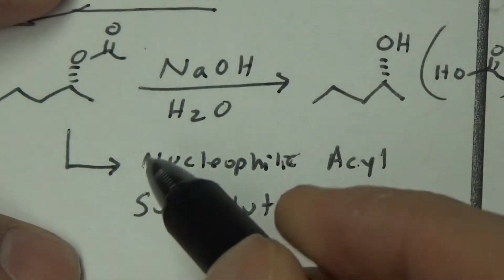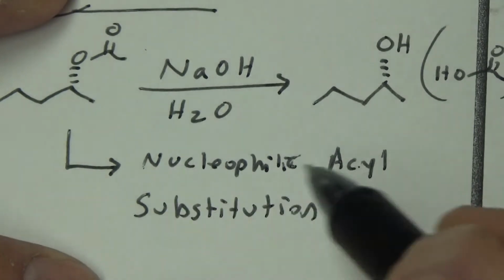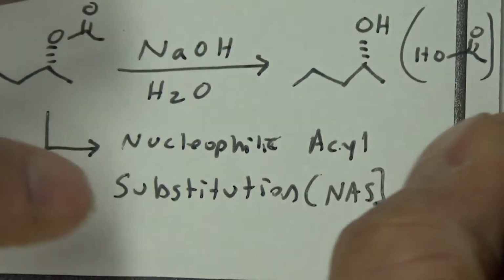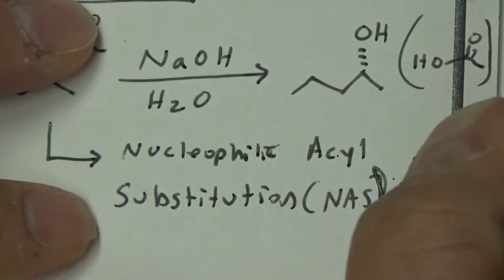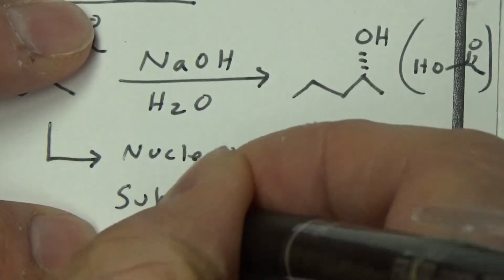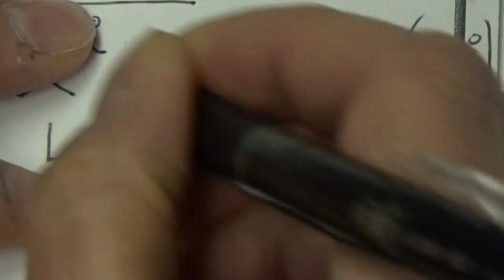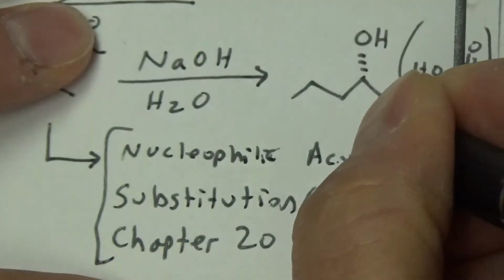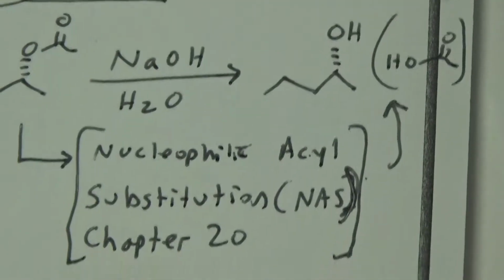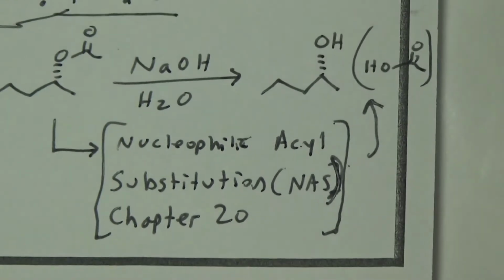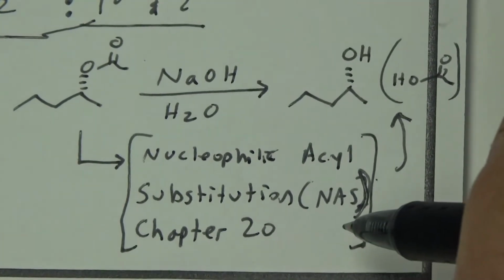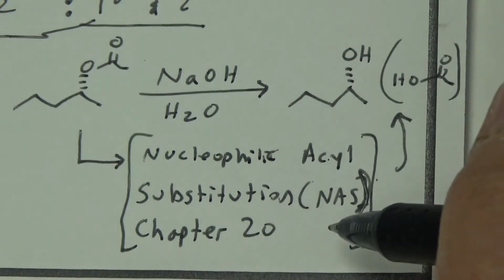The abbreviation might be NAS. This is chapter 20 in the book, so the mechanism comes a little bit later. You will learn about this in organic 2. But for now, we can use it as a method, as a reaction, without caring about the mechanism, because we don't want to jump ahead to an organic 2 mechanism. All right?